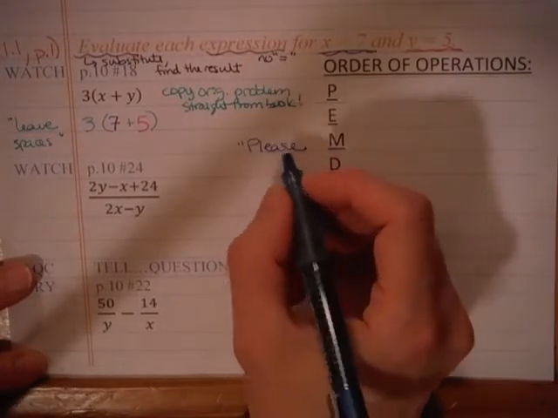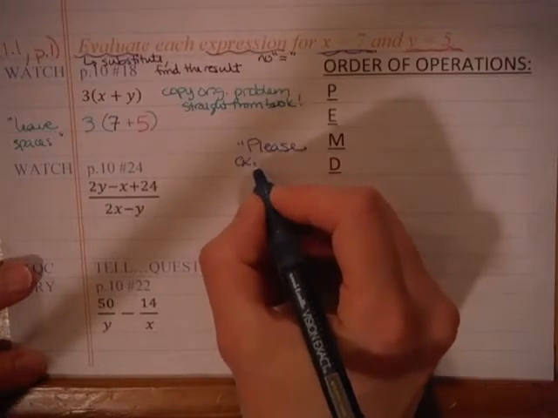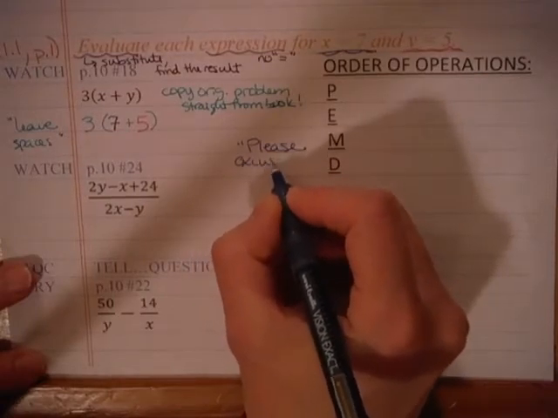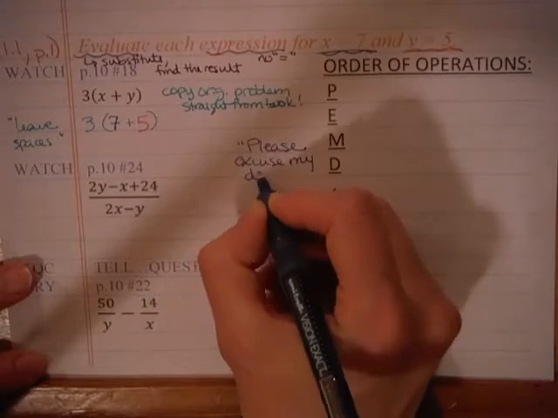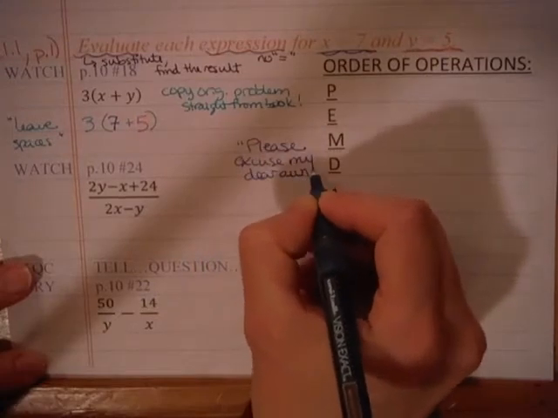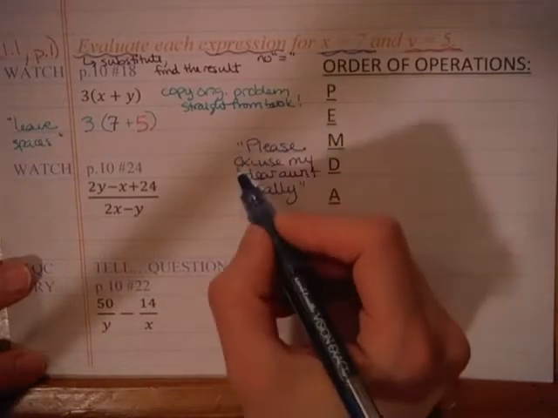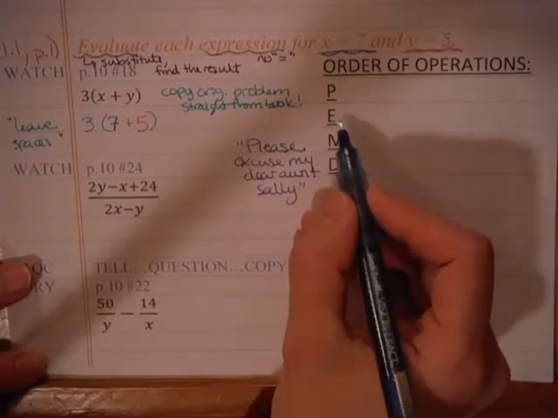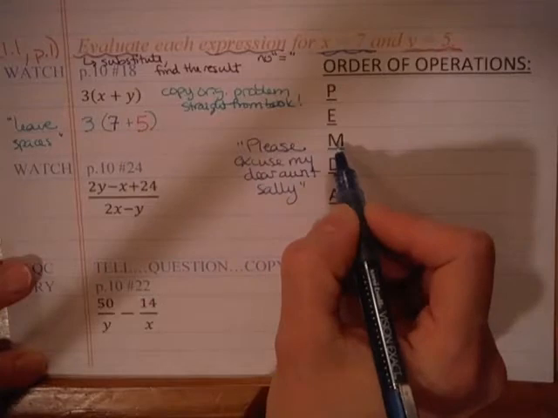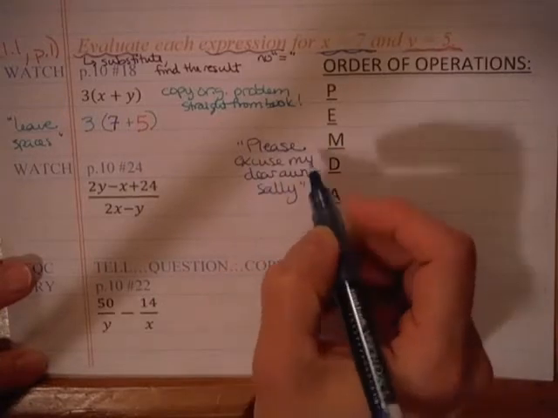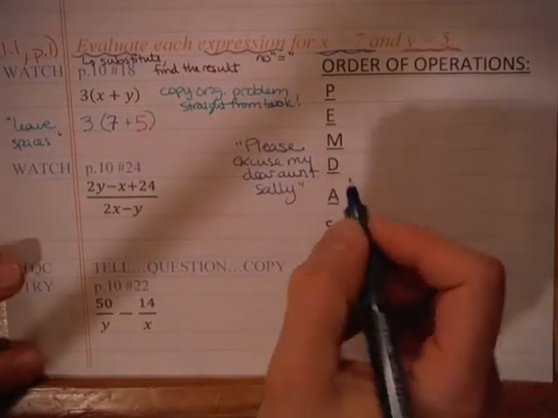The one I remember from my first exposure to order of operations was, please excuse my dear Aunt Sally. Please, parentheses, excuse, exponents, my, multiply, dear, divide, Aunt Sally, add and subtract.